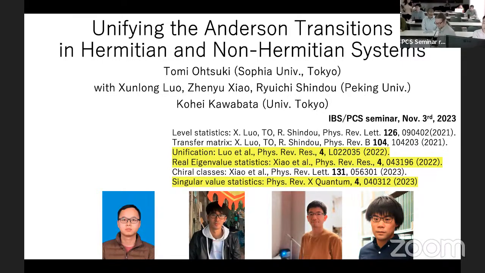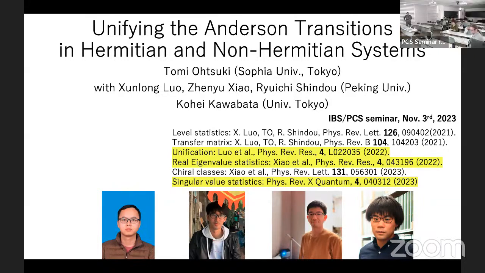Yeah, thank you, Helen. So let me briefly introduce our speaker today, Tomi Ohtsuki, from Sophia University. He received his PhD from the University of Tokyo in '89. He's now a full professor at Sophia University in Tokyo.